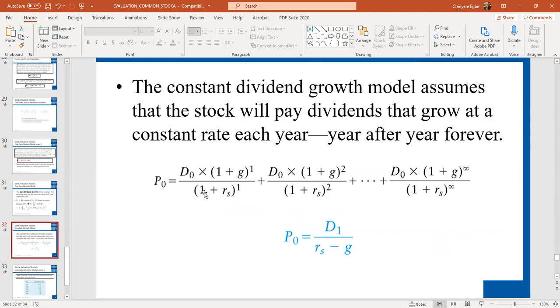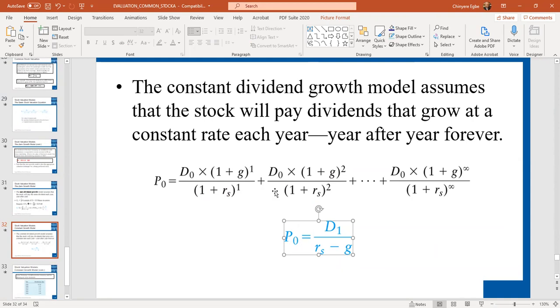Now, suppose that we are looking at a company whose stock will grow. Let us see how we value such a company. Again, the price is based on this formula, which we are not prepared to work with.